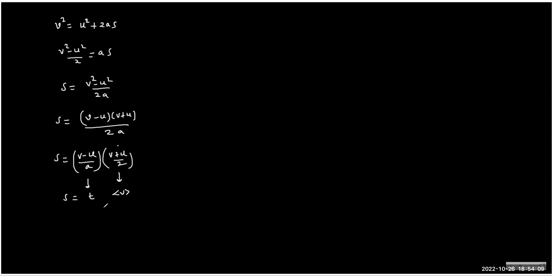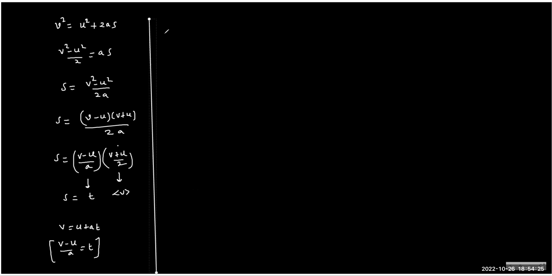Do you realize this? v equals u plus at. So what is time here? (v minus u) by a is equal to t. So all will boil down to the same equation. So s is v average into time, and v average is (v plus u) by 2, and time is (v minus u) by a.